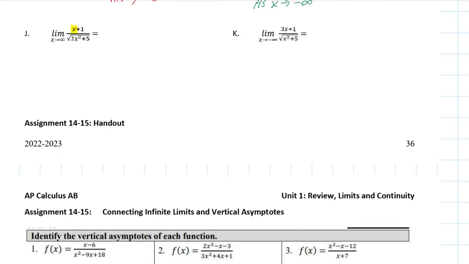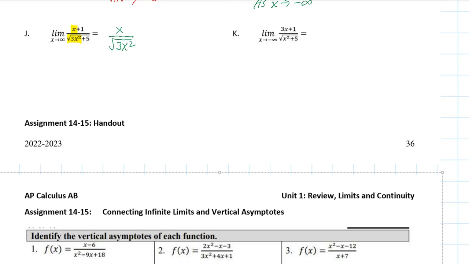I'm going to look at the lead coefficients in the numerator and denominator. So I'm going back to pre-calc: x over the square root of 3x squared. So I rewrite it so I can see what's going on, and then I remember something about the square root of x squared. Remember, we talked about that earlier.